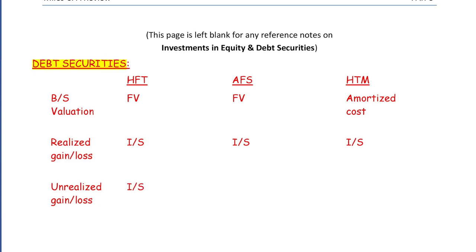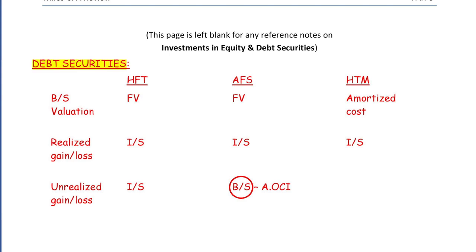But for available for sale securities, we know that unrealized gains or losses are the A of PACE, which go into the balance sheet. Circle that, and write accumulated OCI. So the unrealized gains and losses from available for sale debt securities are parked as accumulated OCI on the balance sheet until those gains or losses are realized.